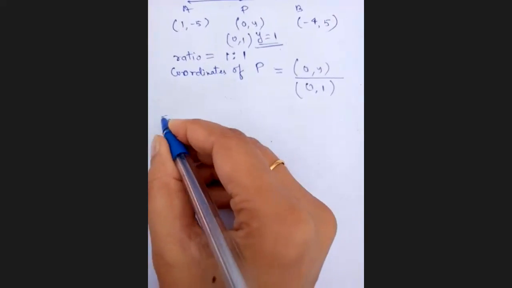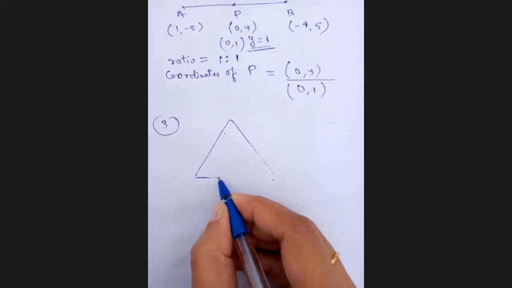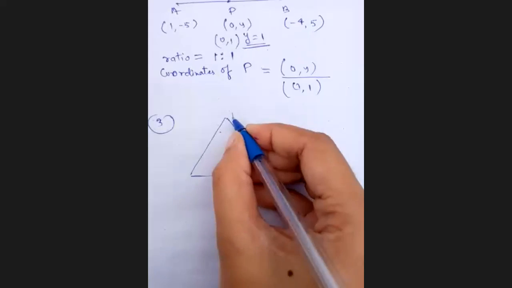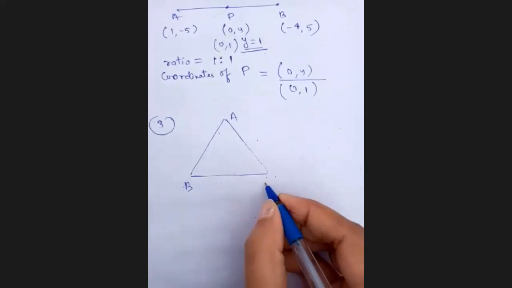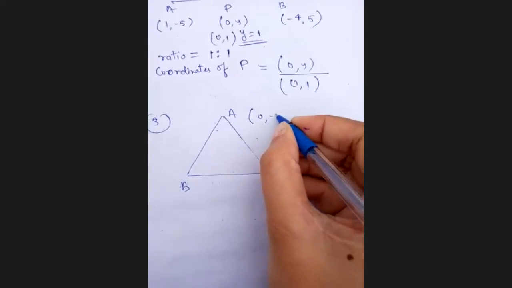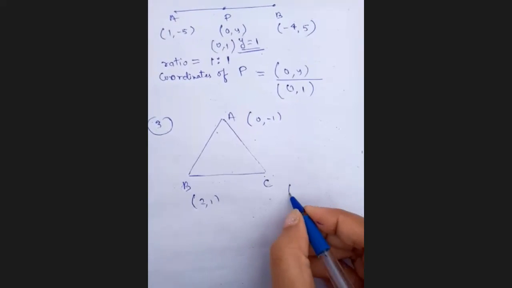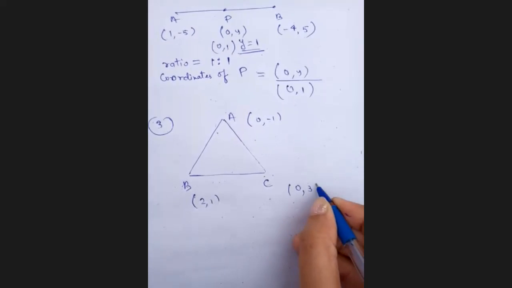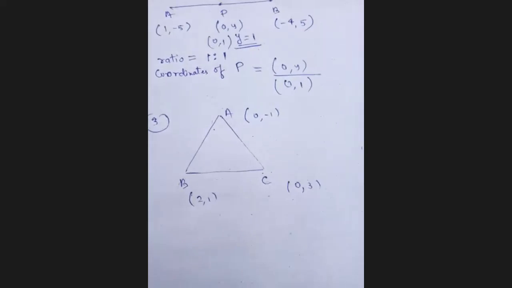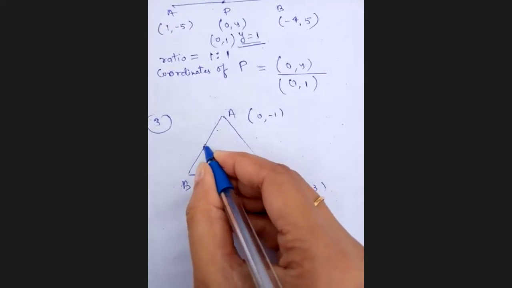Question number 3. You have to take a triangle, and the coordinates of these 3 vertices are given: the first is (0, -1), the second is (2, 1), and the third is (0, 3). The question is asking to find the area of the triangle formed by joining the midpoints. Now what do you have to do? Take the midpoints.